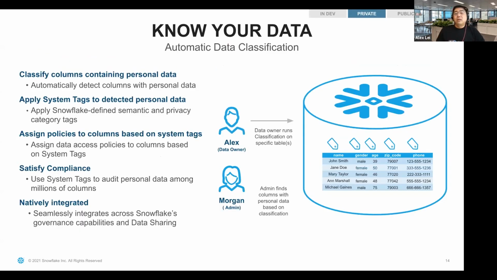So a little bit about knowing your data. We've got now automatic data classification. At this point in time, it's really used for US data only. But at ingest level, what can happen with Snowflake is we automatically use the tagging capability to tag information.